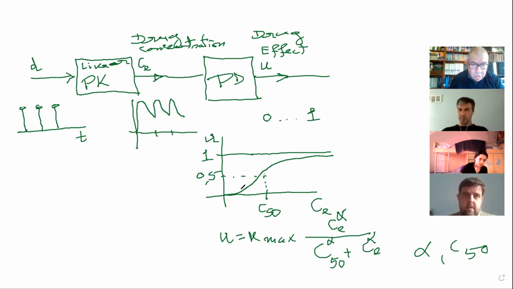Now, one difficulty is that these coefficients vary with a person, and sometimes in the same person they vary in time. That's a very big difficulty in all modeling of physiological systems in this way.